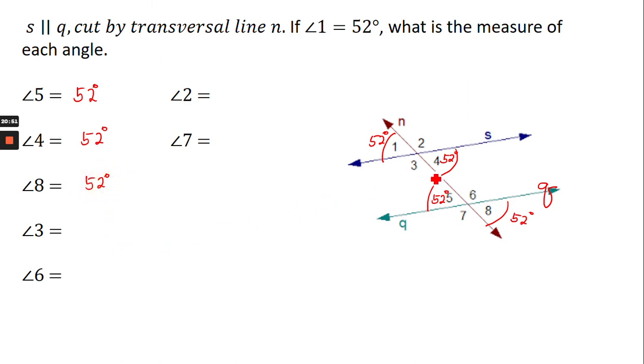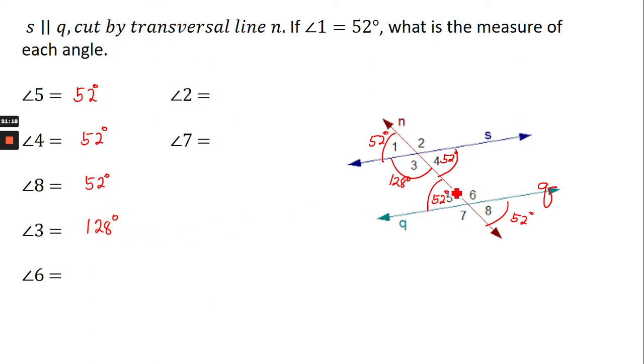Angle 3. What can you say about angle 3 and angle 1? They are linear pairs, and linear pairs are always supplementary. They form a straight line, therefore the sum is 180. So therefore this is 128, because 52 plus 128 is 180.